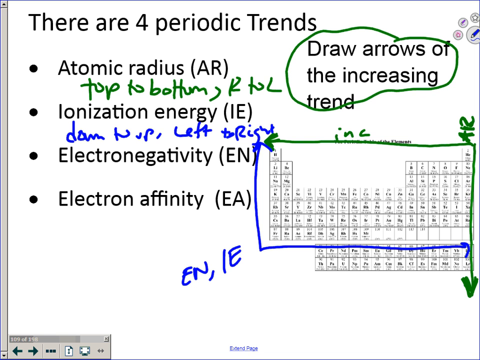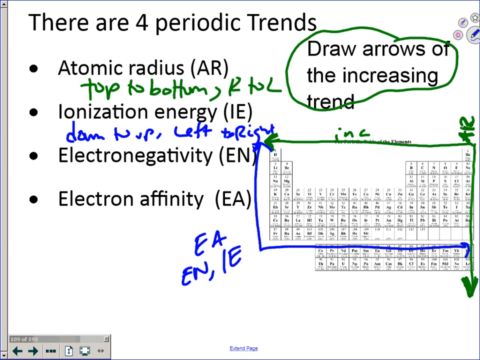How does it trend? This was the fourth one on your stuff from yesterday. Left to right and bottom to top. Okay, so it matches the rest of these over here. All of those trend the same directions, meaning they increase going up a group and increase going across from left to right across a period.